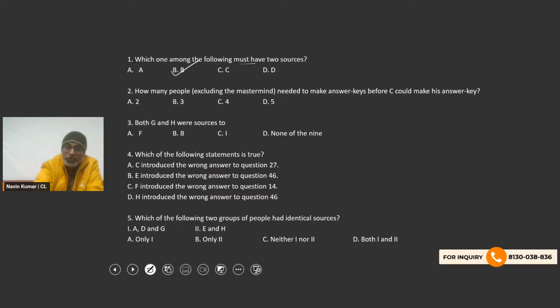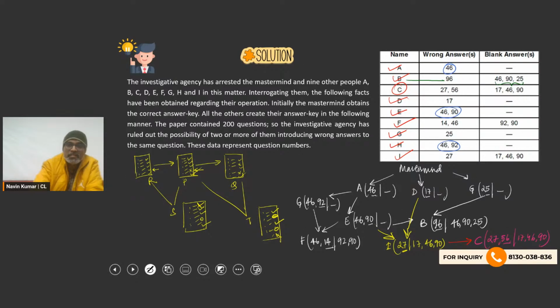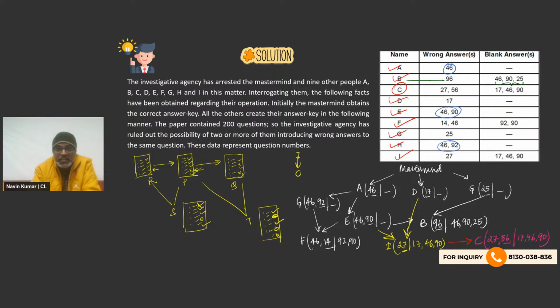How many people, excluding the mastermind, needed to make answer keys before C could make his answer key? So for C to make his answer key, we require I, right? Unless and until I has made it, C won't be able to make it. In order to make I, we would need D, right?